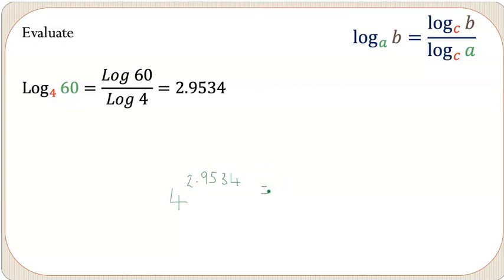So 4 raised to the power 2.9534 gives me 59.9962. Pretty close. In fact, if we round off to 2 decimal places here, it rounds off to 60. Alright, so that's one.